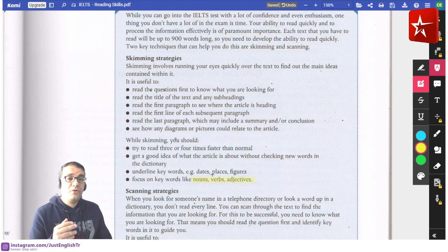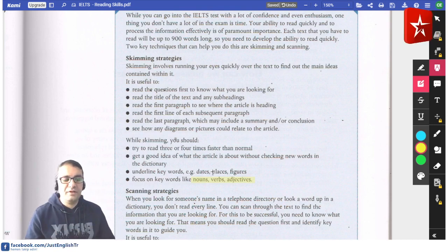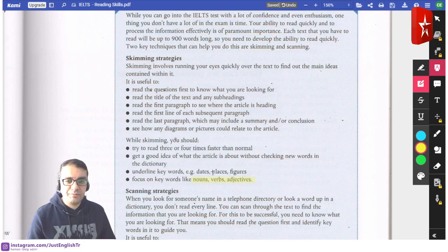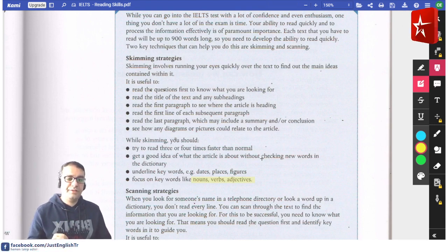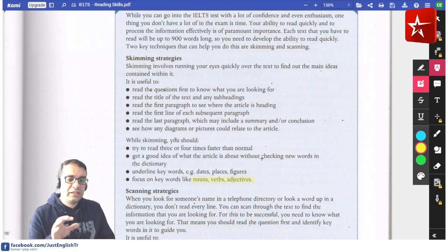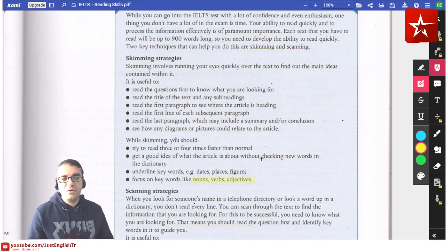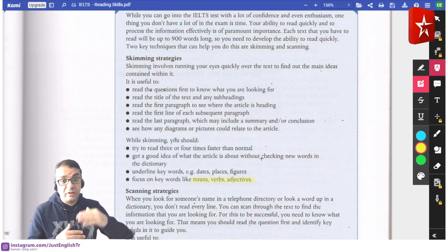Before we go again, I'm going to test your ability a little bit, and let's see how you understand the skills of skimming and scanning. There are two things here, skimming and scanning, which you need to take care of while doing the reading, because you have to get a score of minimum 6.5 and up to 9.